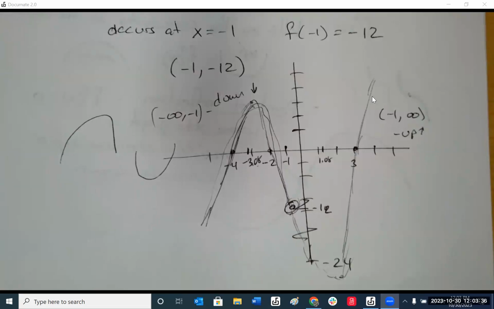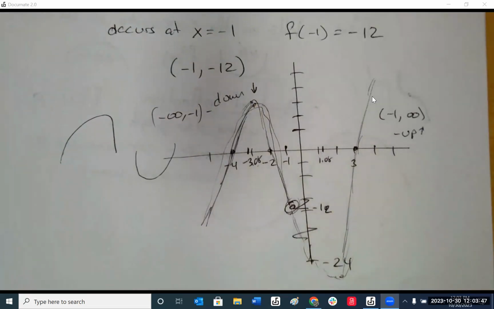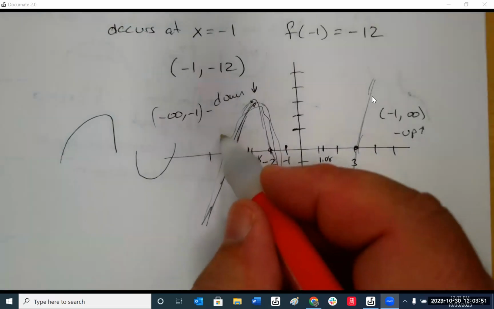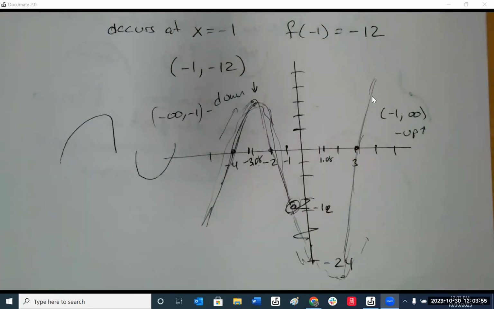So endpoints are not vertices. You can have extrema, maximum, minima, but they can't really be vertices, because a vertex is a highest point. It's got to have both sides, things on the side. It has to be continuous. It has to be increasing then decreasing or decreasing then increasing. So would you say it has to be continuous?